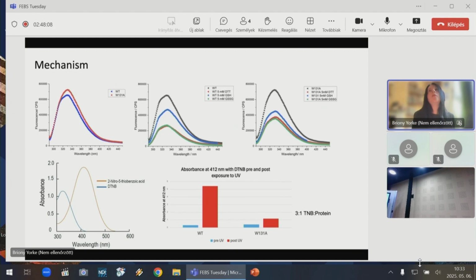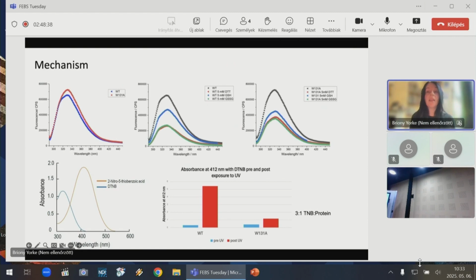In order to try to understand whether it's direct photolysis of our disulfide bond, or if in fact we're seeing an electron transfer, we need to start thinking about doing different spectroscopic measurements, and thinking about different mutations. So far what we've looked at is the wild type structure and the W131A mutant.